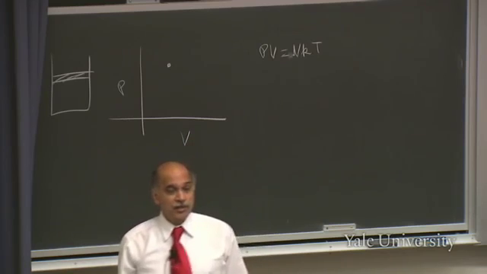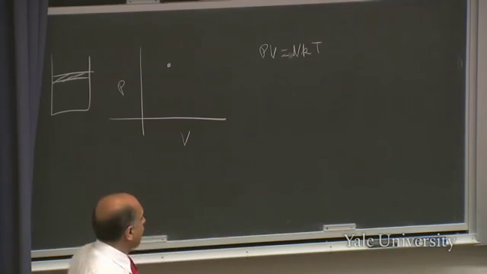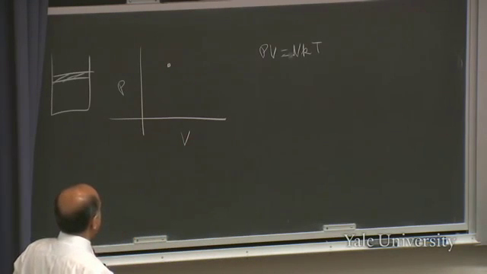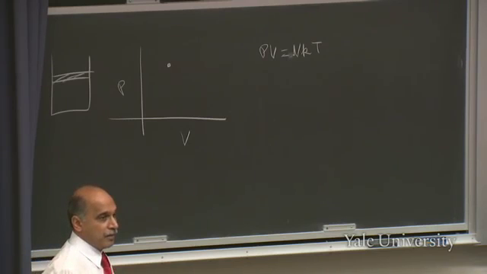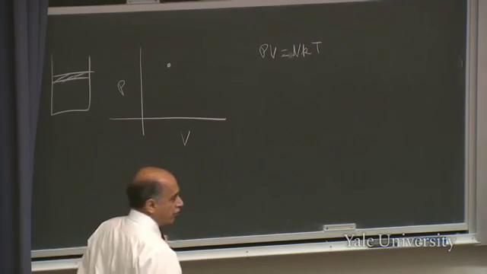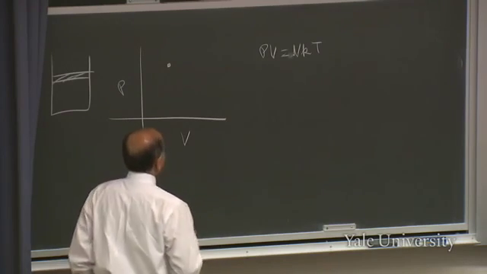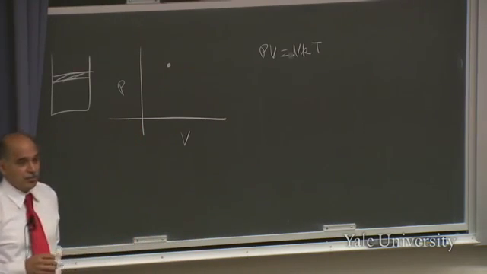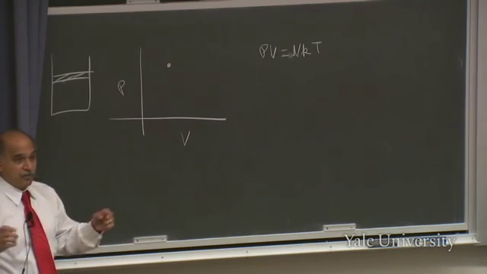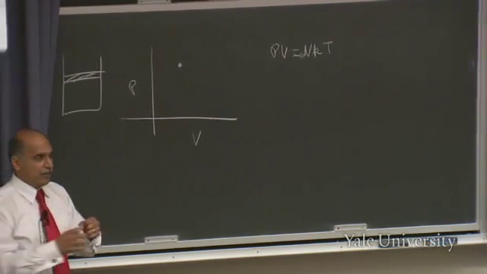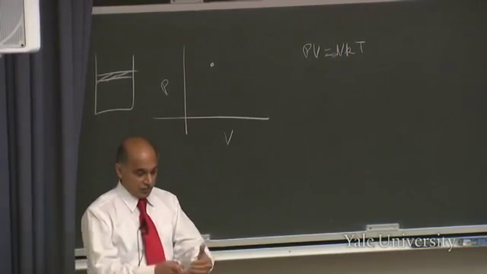You can pick P and V independently, you cannot pick T. Let me tell you, by the way, PV equals NkT is not a universal law. It's a law that you apply to dilute gases. But we are going to study only a dilute ideal gas. An ideal gas is one in which the atoms and molecules are so far apart that they don't feel any forces between each other unless they collide.